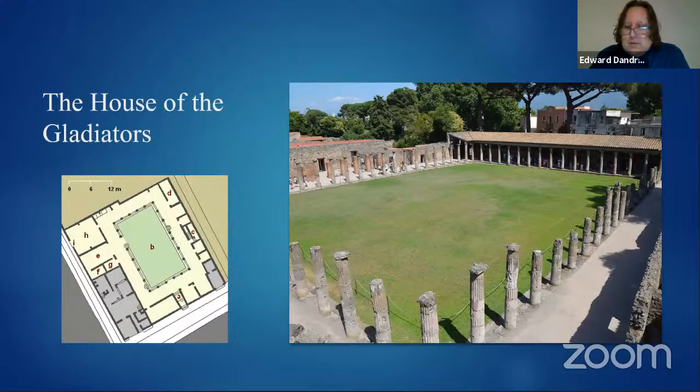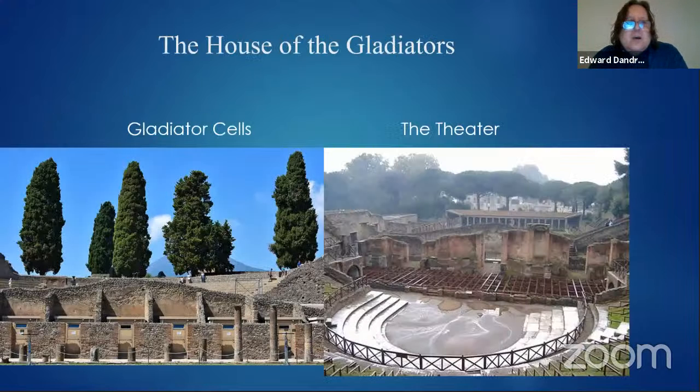Now, it's important to understand, and we can see this here, there are the cells. You can see how small they are and how uniform they are. And then also, just on the other side of the wall, where you see on the left-hand side people standing high above the cells, is the theater.